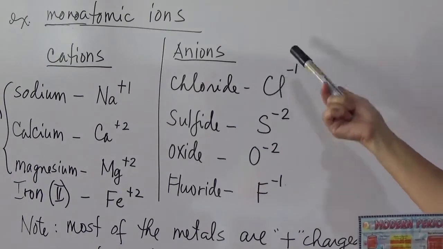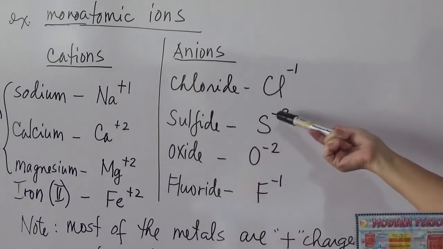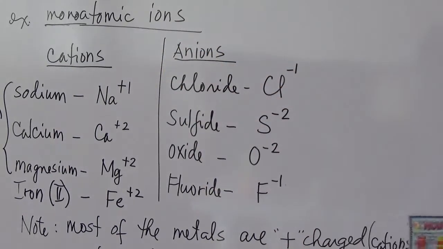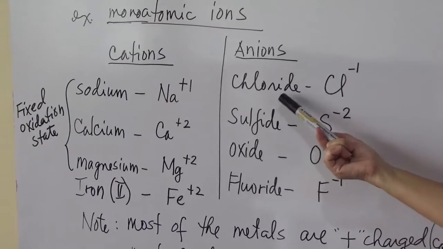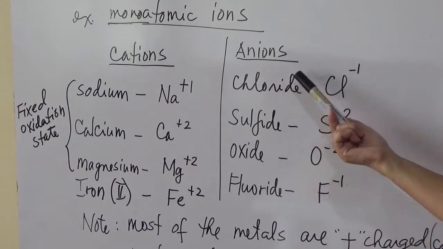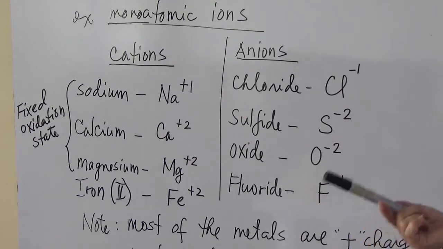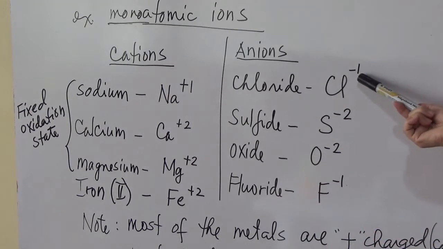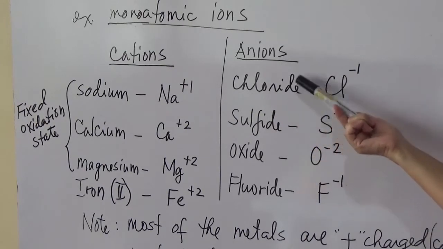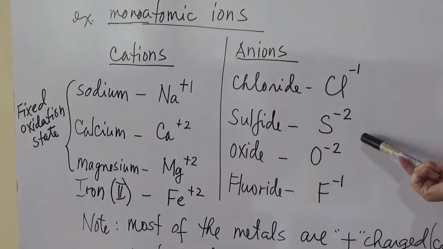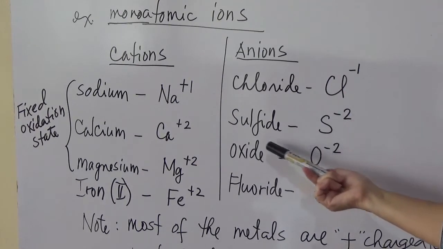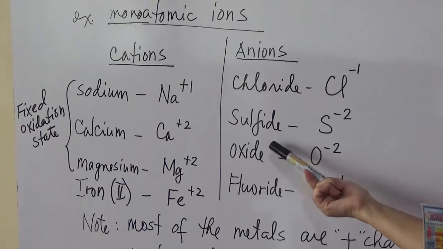Now, anions. Take note of the name. The name of the anions, which are monoatomic ions, always ends with the suffix -ide. So if it is chlorine, Cl, and it is negatively charged, -1, it is named as chloride ion. For sulfur, negatively charged, -2, it is named as sulfide.